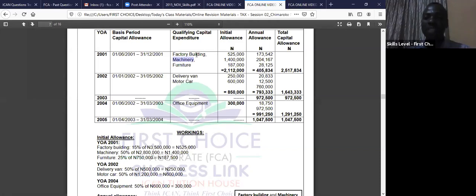Their basis, their annual allowance amounts to, so let's calculate it. Let's see.